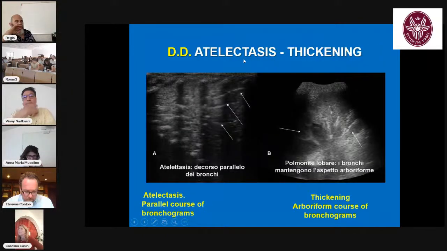And with ultrasound, it's possible to make the differential diagnosis between atelectasis and consolidation, because in atelectasis we see conserved parallel chords of bronchograms, and in the thickening or consolidation we see arboriform chords of bronchograms, and this is very important to differentiate atelectasis from a consolidation.